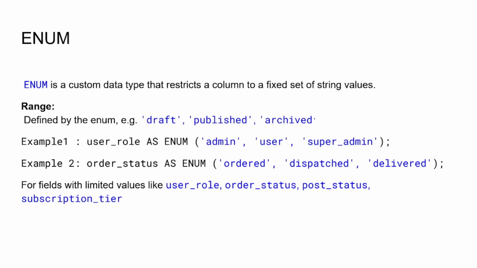Enum is very important when you're dealing with a restricted number of string values, so you can easily control which value should be expected in that column based on the list of values which you want. No other value out of these values can be in that column. For example, in this user role, if an enum is expecting admin, user, or super admin, no other value can be put into that column except for one of these three values.